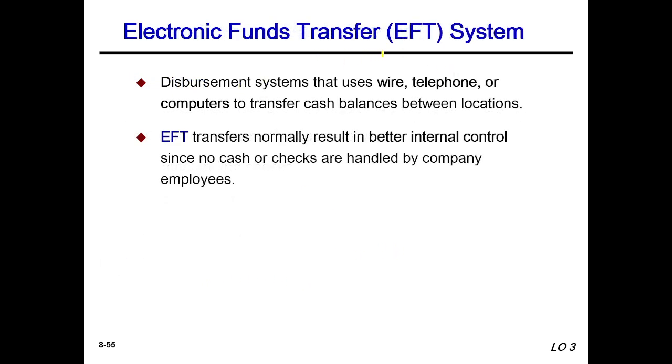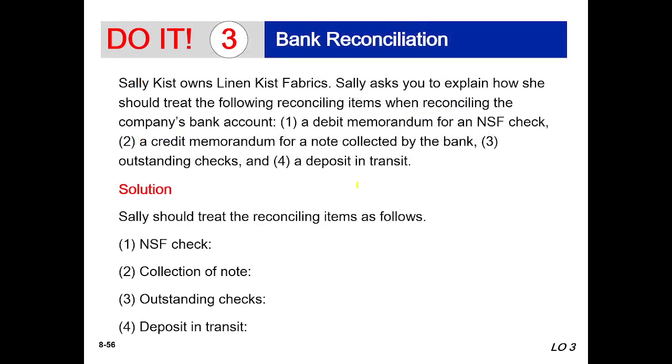Electronic fund transfer system: a disbursement system that uses wire, telephone or computers to transfer cash balances between locations. That means suppose this is a location and this is a location, between two locations we can transfer our funds. EFT transfers normally result in better internal control since no cash or checks are handled by company employees.